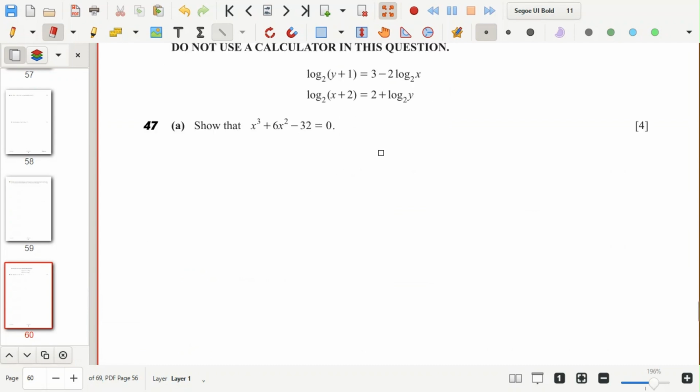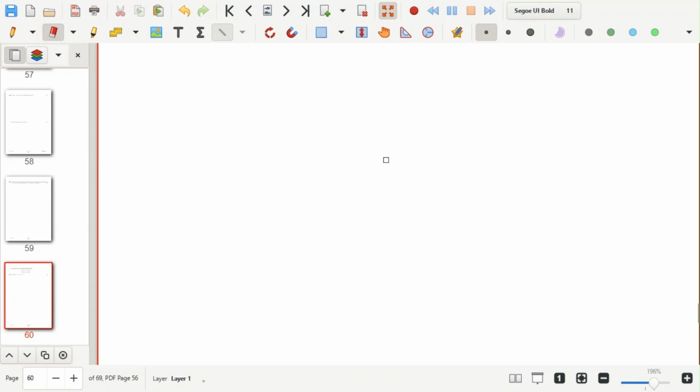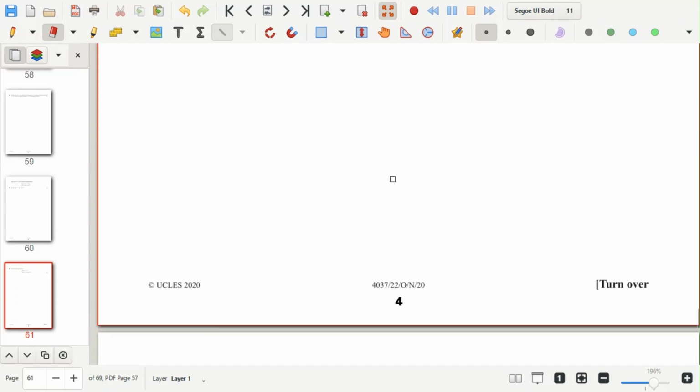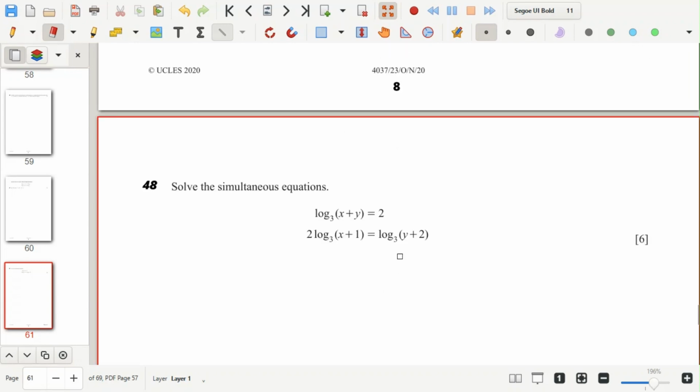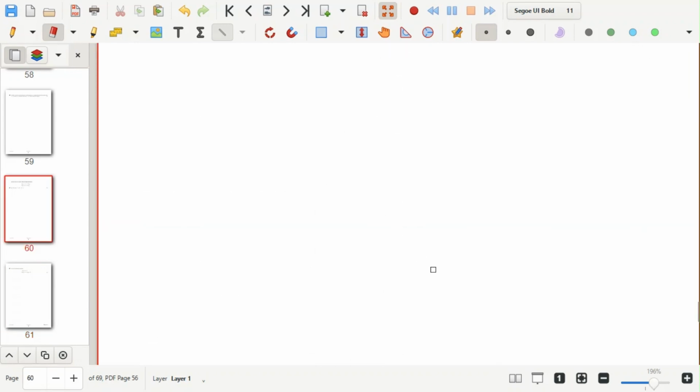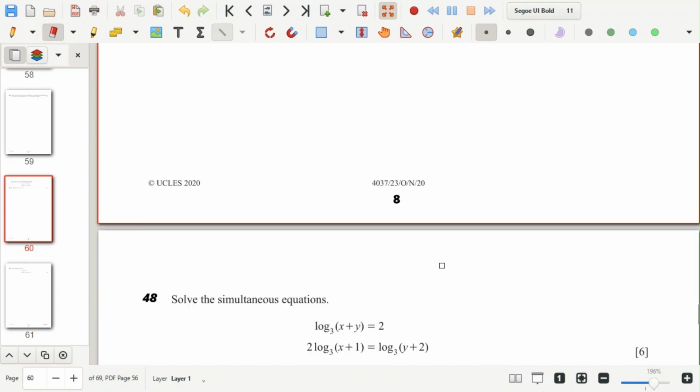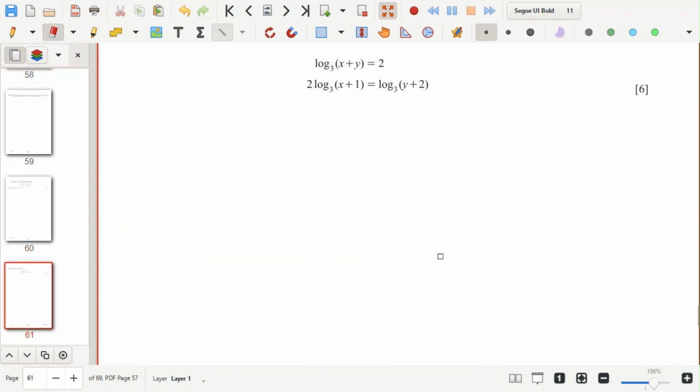Okay, so this is a simultaneous equation question. I think we can do that one too. And this one too. Let me see. This was question number 4 in the exam, but this is question number 8. Okay, I'll answer this one last. So now let me take this one.